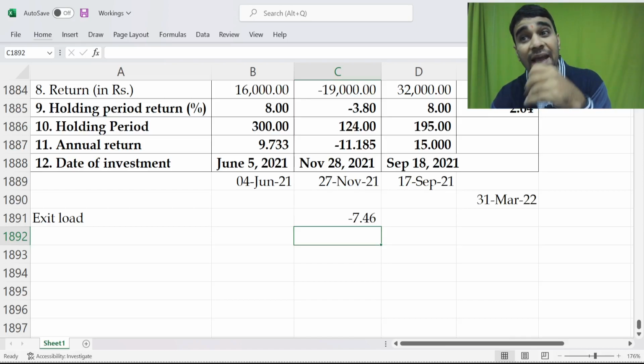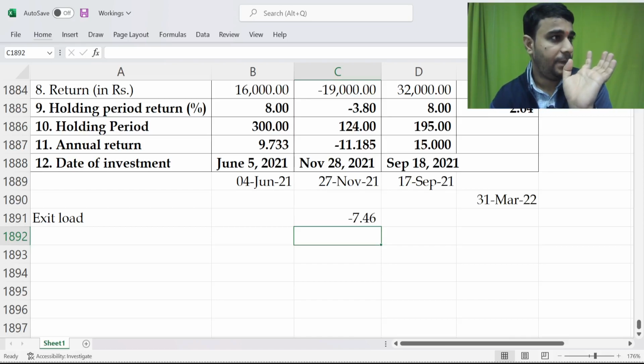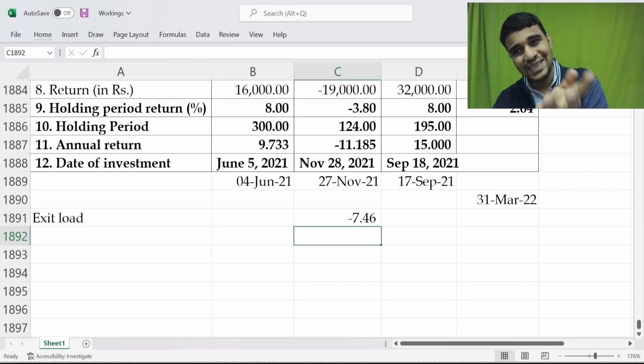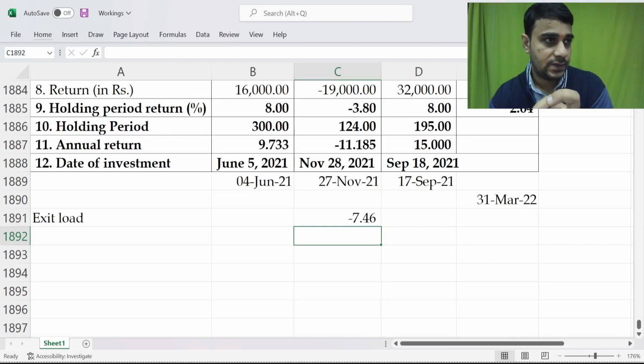I will pay the exit load of 5% and avoid this negative 7.46%, because that is a bigger loss. In MFX, I'm ready to wait for 2 more months because I'll avoid the 5% and that MF is anyway earning money.